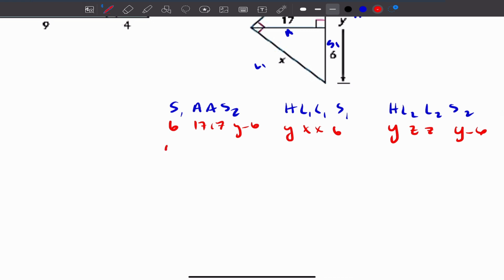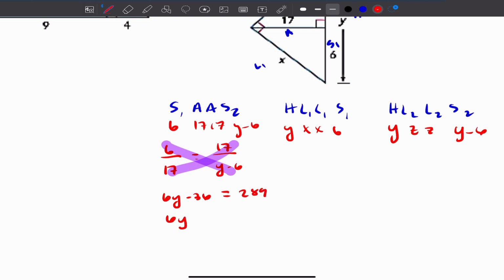So we will do 6 over 17 equals 17 over y minus 6. You cross multiply, so you have 6 times the quantity y minus 6. You distribute the 6 to each term, so 6y minus 36 is equal to 17 times 17, that's 289.